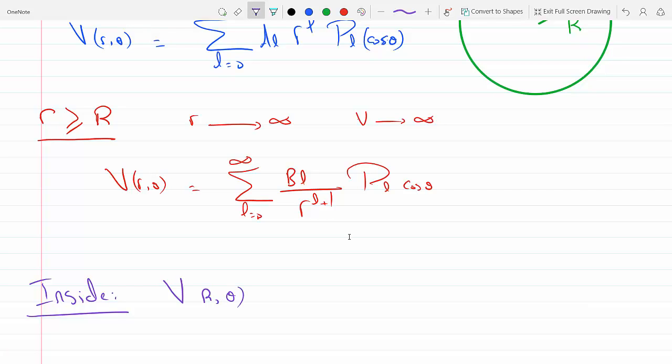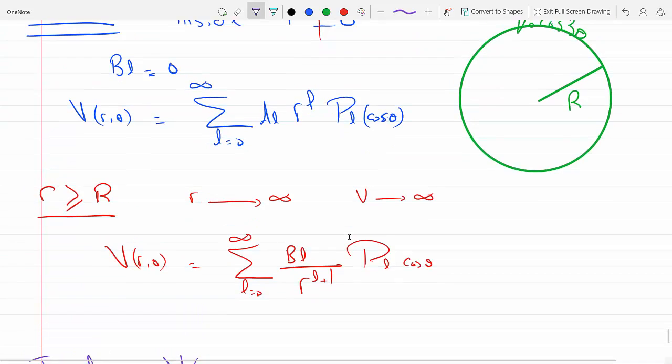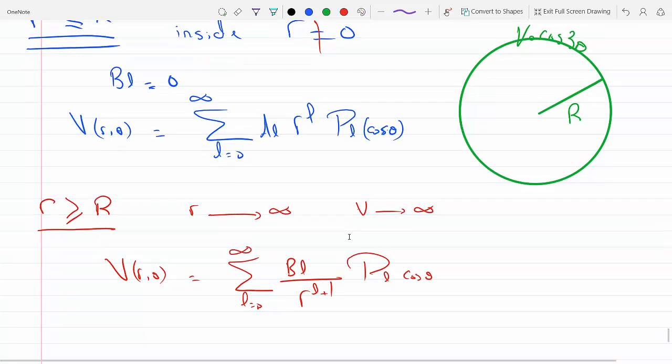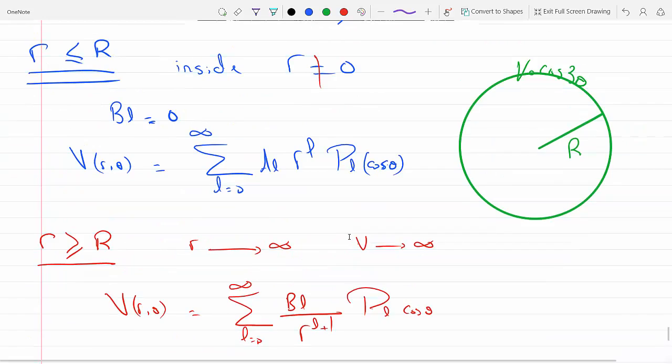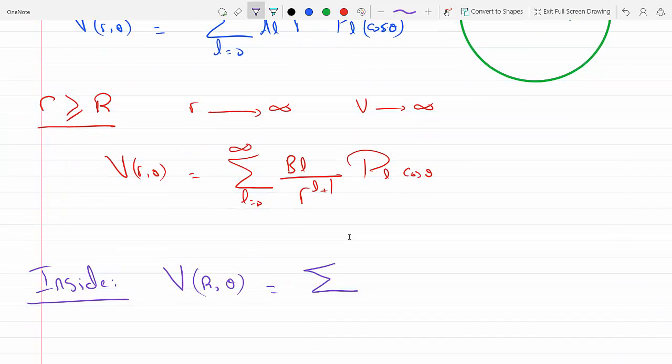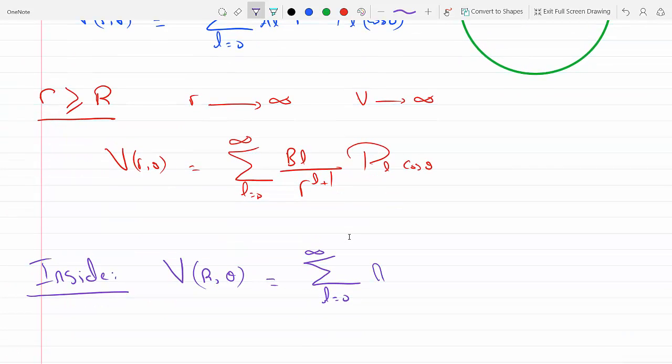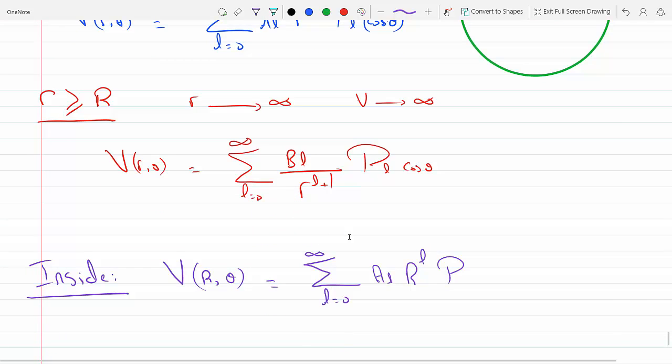On the surface, V(R, theta), so I replace small r with capital R. Then I get the summation from L equals 0 to infinity of AL R^L PL cosine theta.